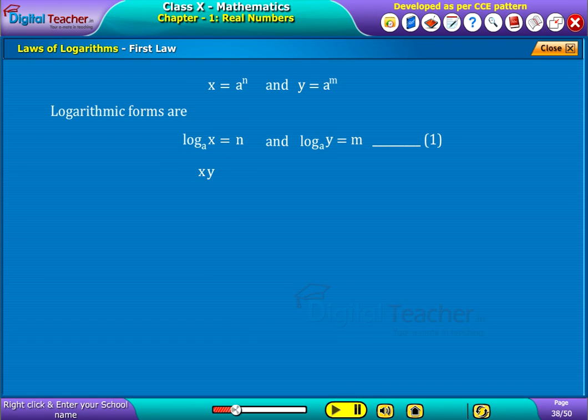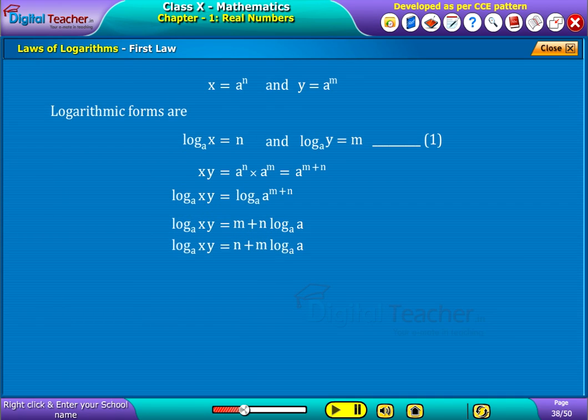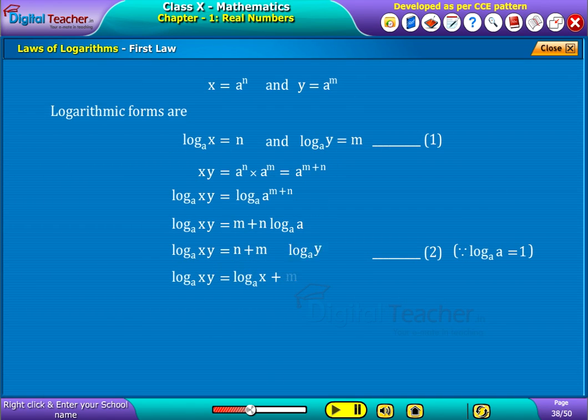Multiply x and y. We get the following expression as shown on the screen. Applying log on both sides, we get its logarithmic form as equation 2. By substituting 1 in 2, we get the first law of logarithm.